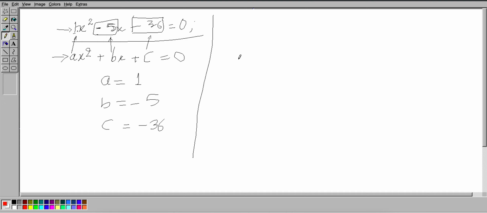The roots we define as x is equal to, sorry, I forgot it, this should be just minus b, plus minus the root of b squared minus 4 times a times c, divided by twice a.